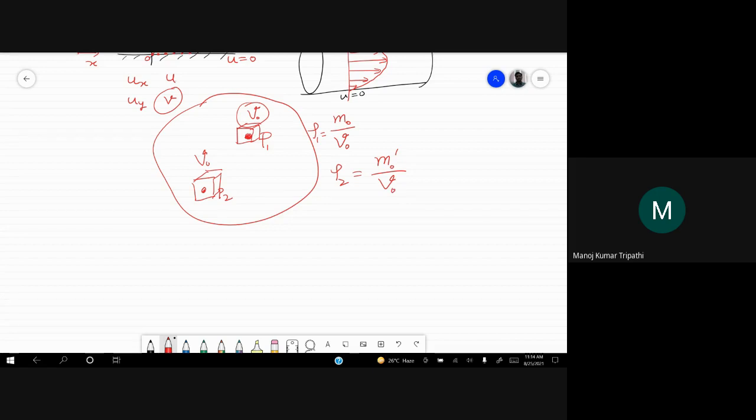So densities can vary, but what is this density at a point? We are calling this rho as density at a point in the fluid. We are saying at point P1 it is rho 1, at point P2 it is rho 2. But can the density be defined at each and every point in the fluid?